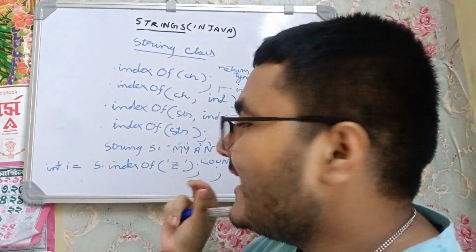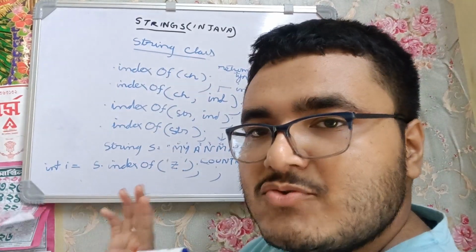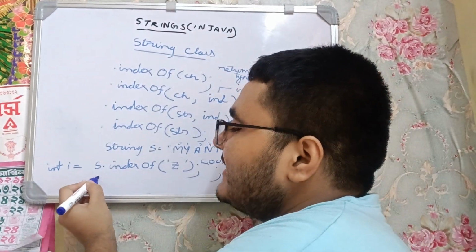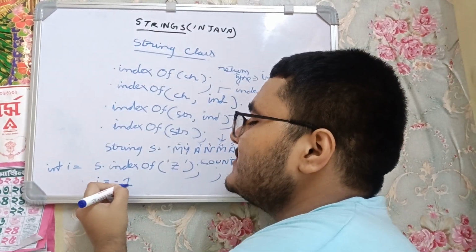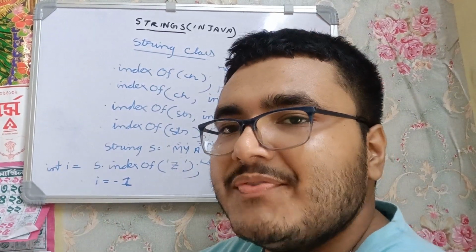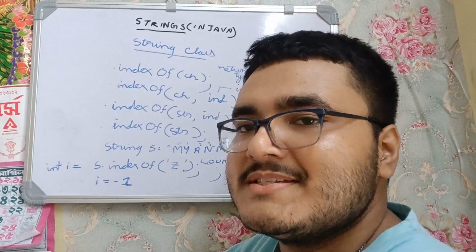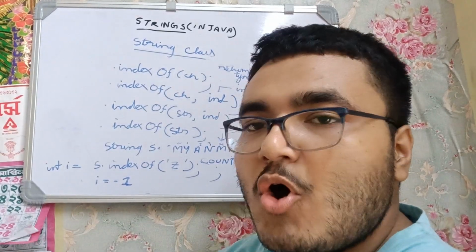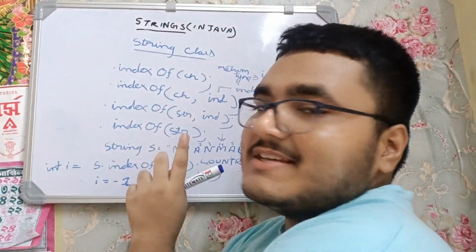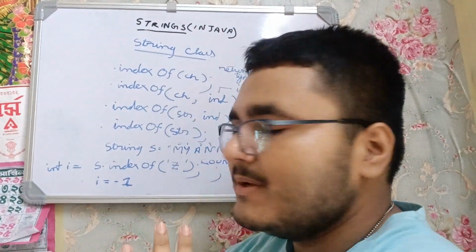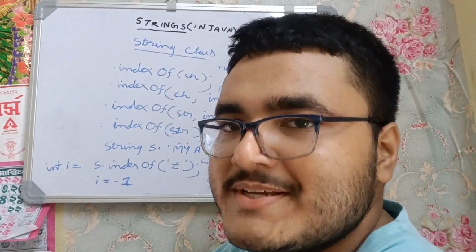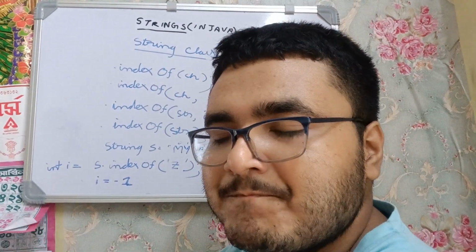As z is not present, it can have no index, so it will return -1. So the value of i will be -1. If indexOf returns -1, that represents that the particular character or word is not present, since I can also give a string as an input to indexOf. That particular word or character is not present in the given string.